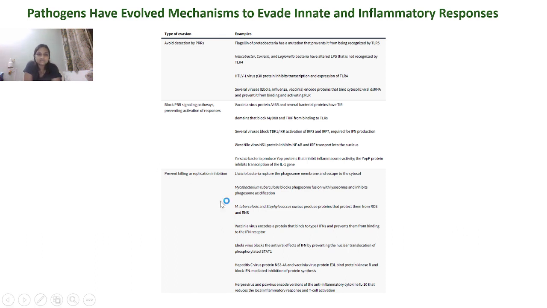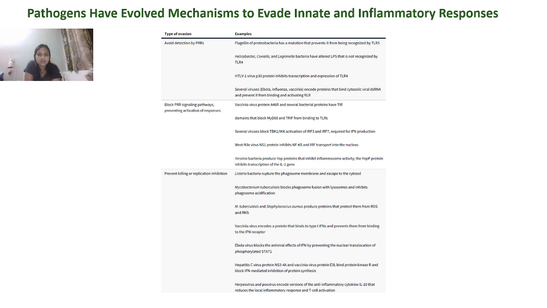Then there are other pathogens that prevent killing or inhibit replication control. For example, Listeria, a bacterium, has properties by which it ruptures the phagosome membrane and escapes into the cytosol, preventing phagocytosis. Mycobacterium tuberculosis, which is responsible for tuberculosis, blocks phagosome fusion with lysosomes and inhibits phagosome acidification.